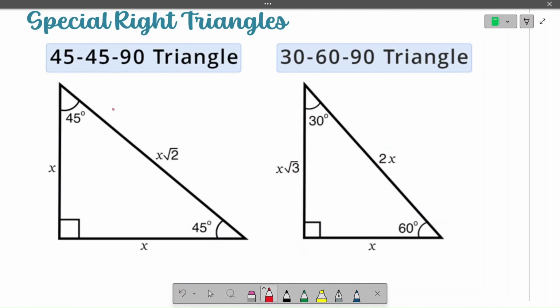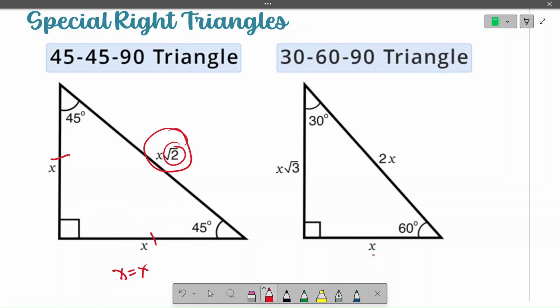Again, no? So 45, 45, 90, these two sides are congruent. So if this is x, therefore x is equal to x. And hypotenuse is we multiply it by square root of 2. For 30, 60, 90, ang gagawin natin is x will be our base.